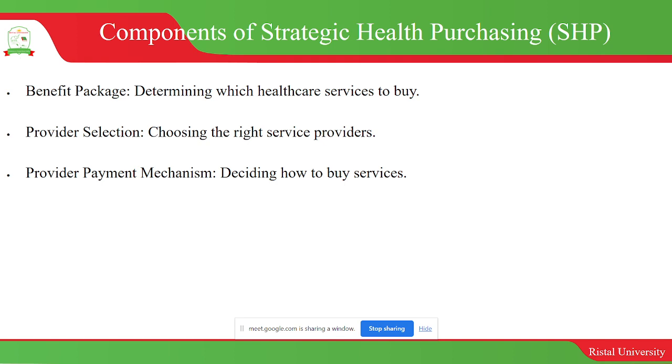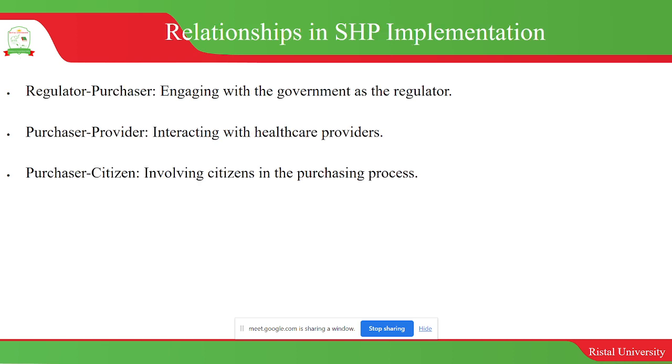So basically, strategic health purchasing involves you knowing what services you need and selecting who can provide those services, and then determining how you can pay those who are going to provide you those services. So you will have actors in strategic health purchasing. You have the purchaser, you will have the provider, and then you have the citizens.